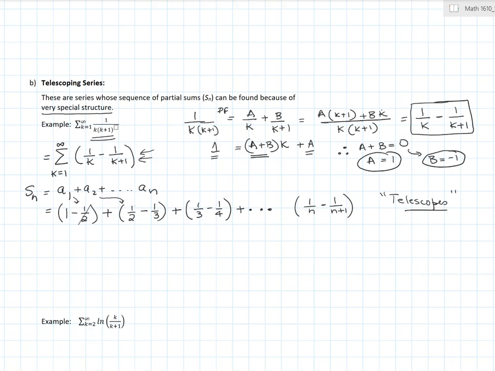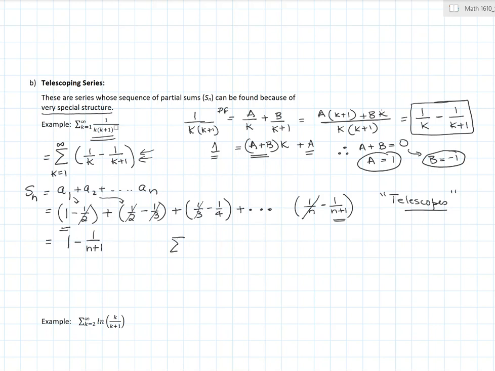This 1/2 cancels with this, then this negative 1/3 cancels with this. So it just telescopes like dominoes and keeps going, canceling till this one gets cancelled as well. So all that you are left with is the first term and this last term. So Sn is actually 1 minus 1 over n plus 1.